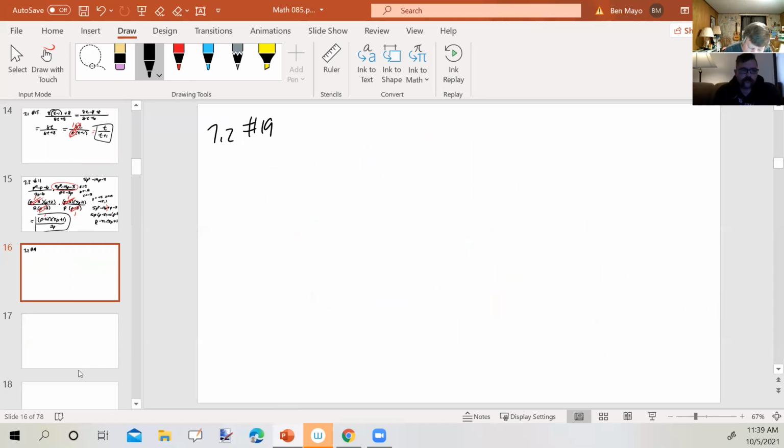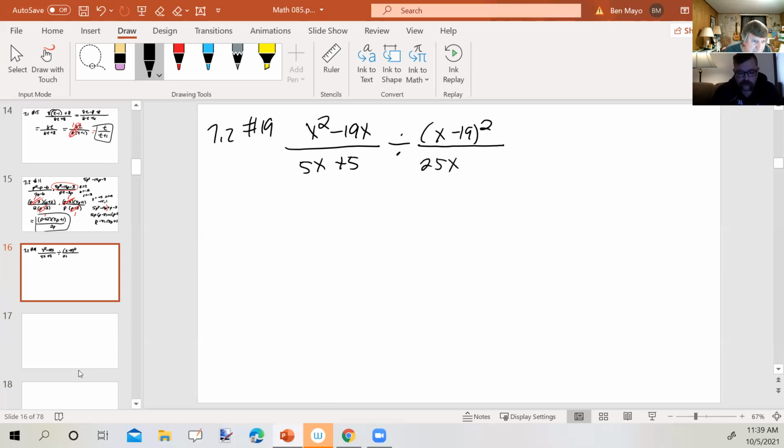So my original problem is x squared minus 19x over 5x plus 5 divided by the quantity x minus 19 squared over 25x plus 25.